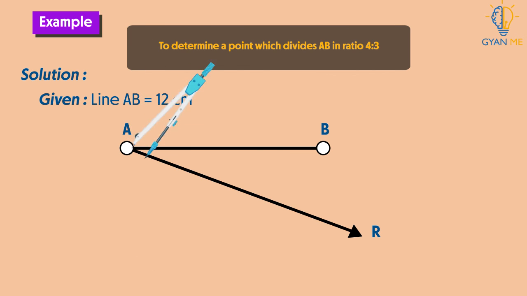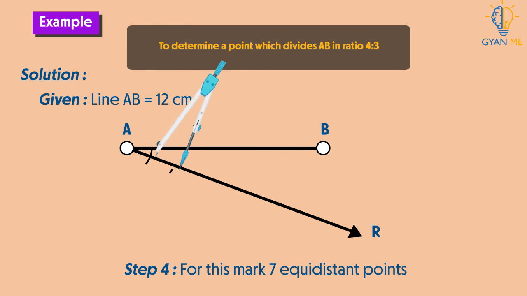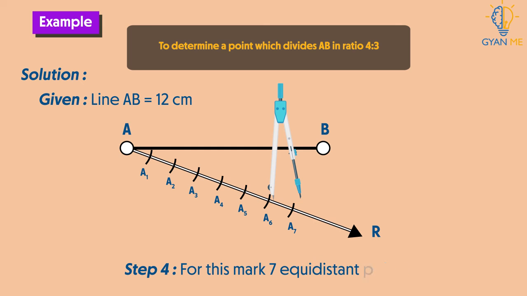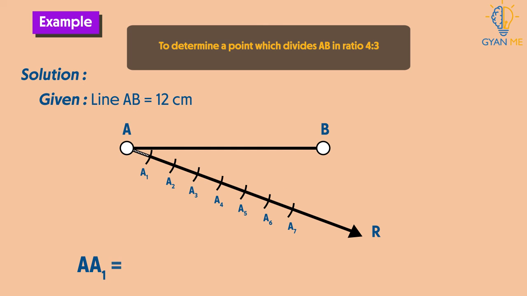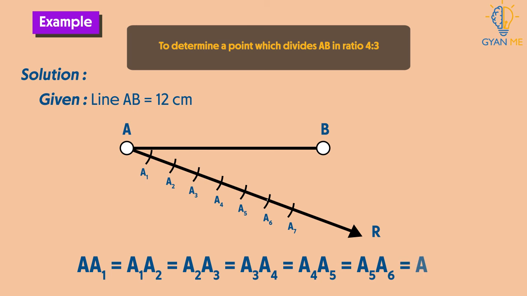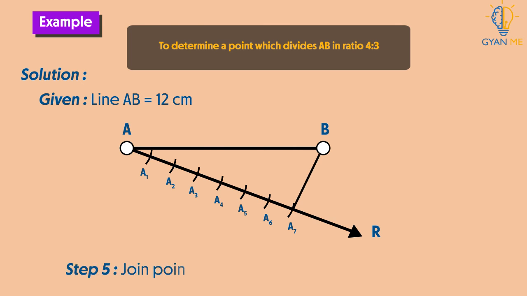For this, mark 7 equidistant points A1, A2, A3, A4, A5, A6 and A7 on AR, so that AA1 is equal to A1A2 is equal to A2A3 is equal to A3A4 is equal to A4A5 is equal to A5A6 is equal to A6A7. Now join the point B to A7, as the given ratio is 4:3.